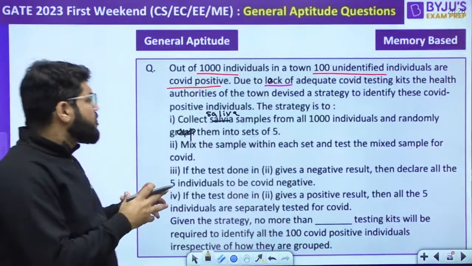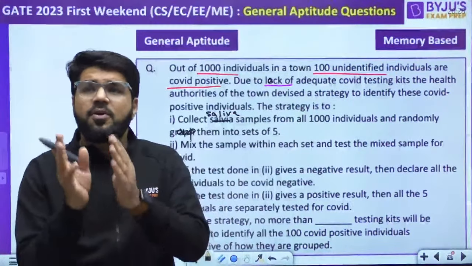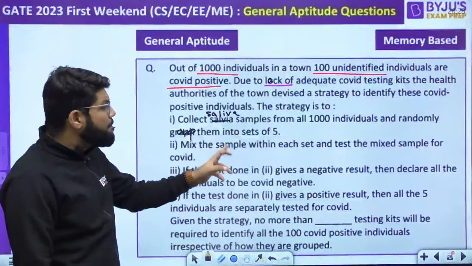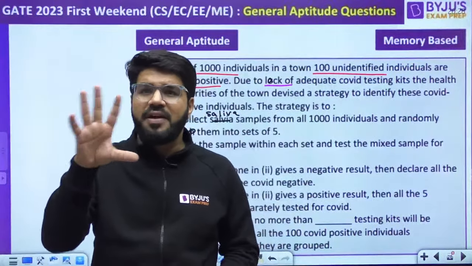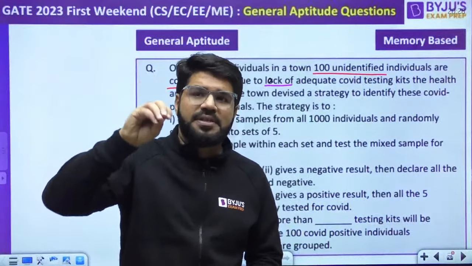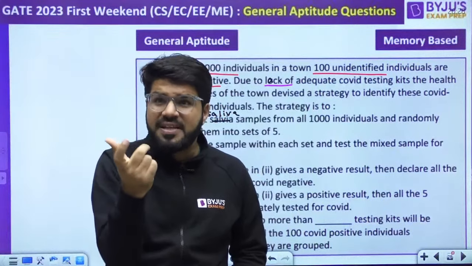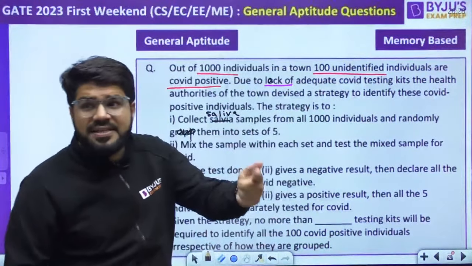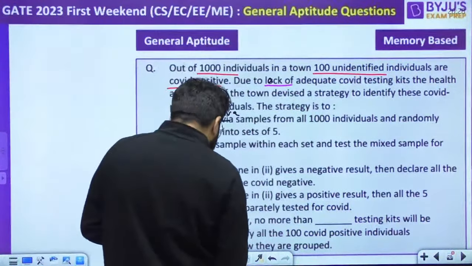Now mix the sample within each set and test. So I have a group of 5 with 5 saliva samples. I will mix all, so that becomes one sample because I have fewer testing kits, and I will test that sample.